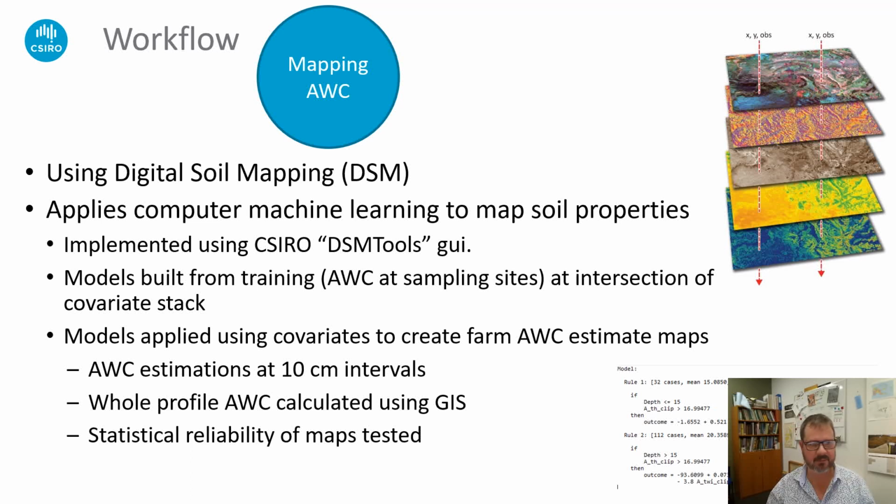We built the models from the AWC data that we collected in the lab, intersected with the covariate stacks, and the models apply covariates to create farm AWC estimate maps. We mapped AWC across the farms at 10 centimeter increments, summed those for whole of profile to 1 meter, and tested the reliability of those maps against lab data.